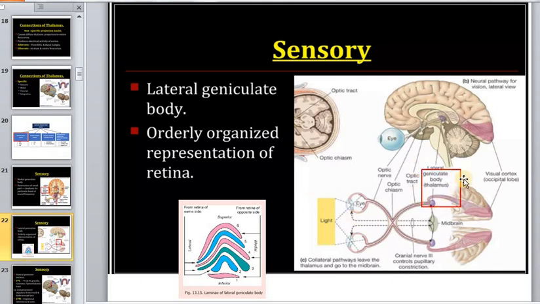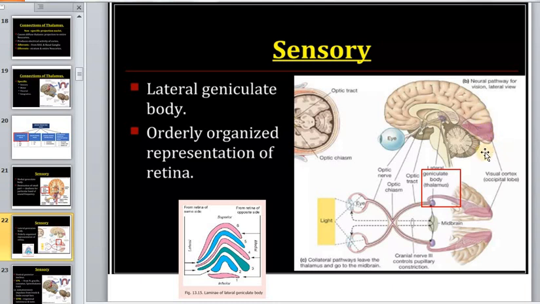We have the lateral geniculate body in the thalamic area. The lateral geniculate body is the relay station of the visual pathways. It receives fibers from the retina of both eyes, and efferents pass through the internal capsule to reach the visual areas of the cerebral cortex.